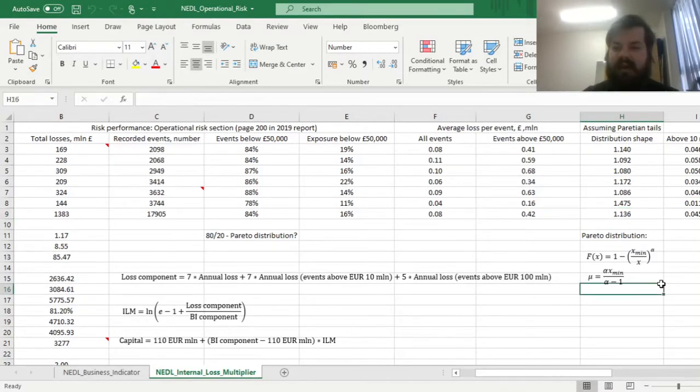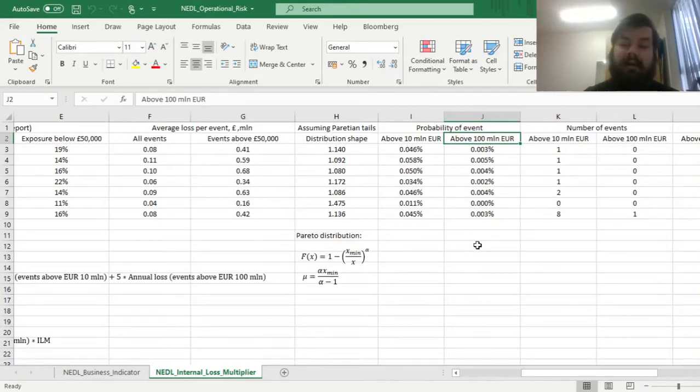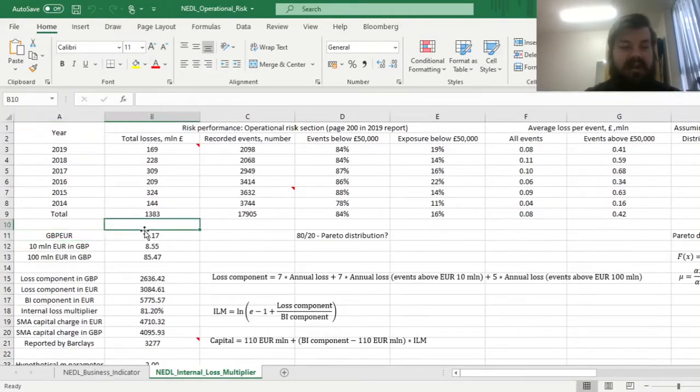And now, by using this parameter, we can actually factor it into this Pareto cumulative distribution function and get the probability of a particular loss event exceeding 10 million euros or 100 million euros. And to do that, we need to, again, convert these thresholds into pounds, by using some relevant exchange rate. So 10 million euros would be 8.55 million pounds, and 100 million euros would be 85.47 million pounds.